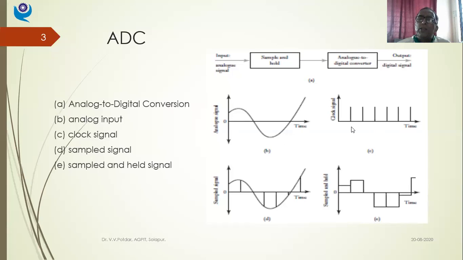My clock generated pulses will sample and hold that analog signal. Now what is this clock signal? Clock signal is in the pulse form. So when this is superimposed on this, this analog signal is chopped into pieces, depending upon the clock frequency that I have. If I have larger frequency, I'll have smaller chops of this analog signal.